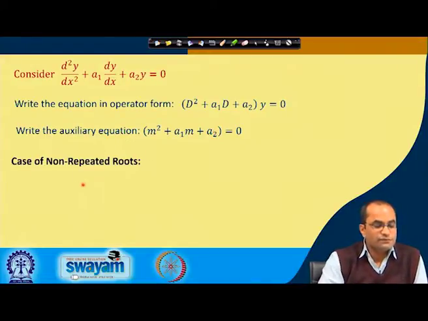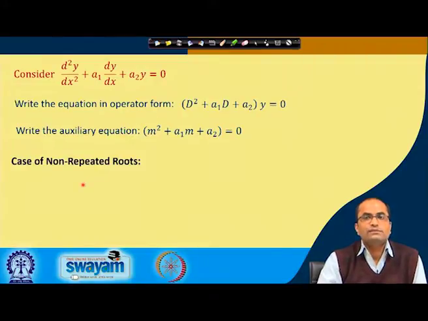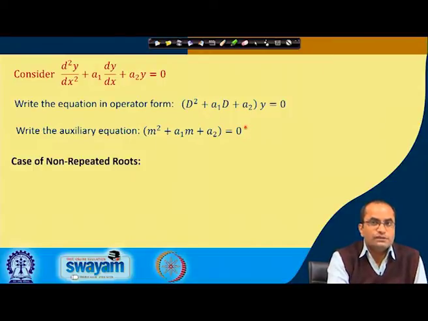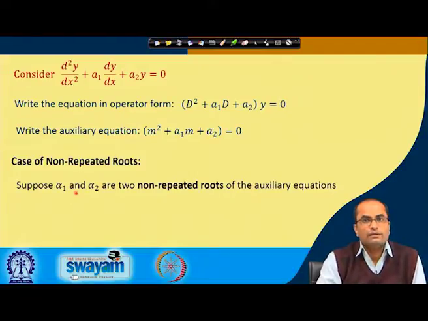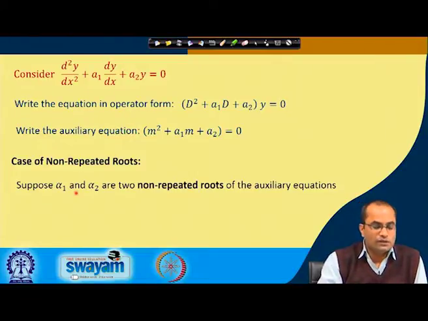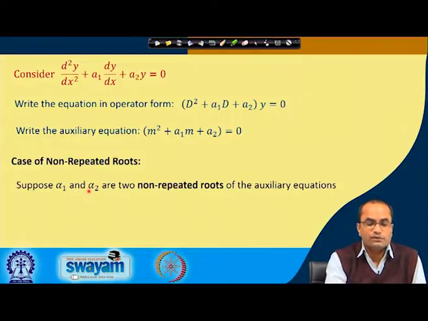Suppose alpha 1 and alpha 2 are the two non repeated, that is distinct, roots of this auxiliary equation.